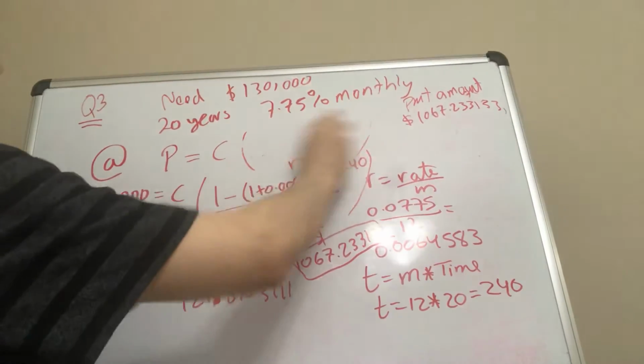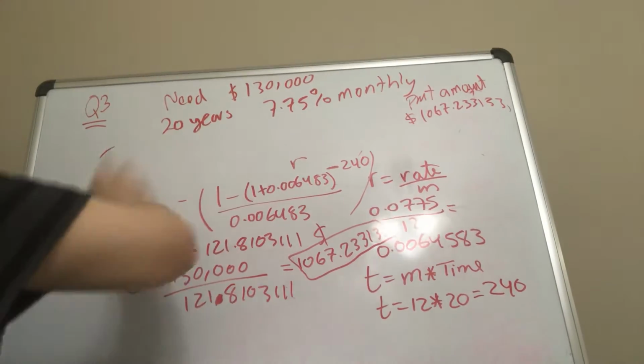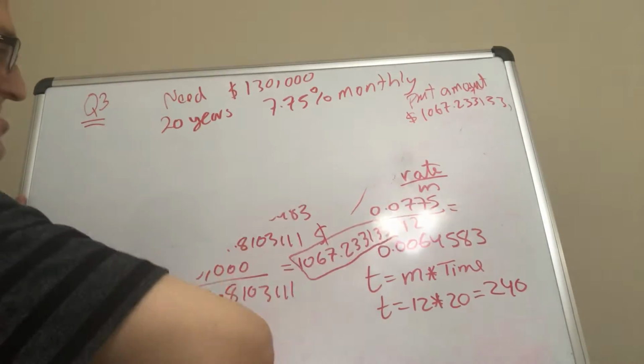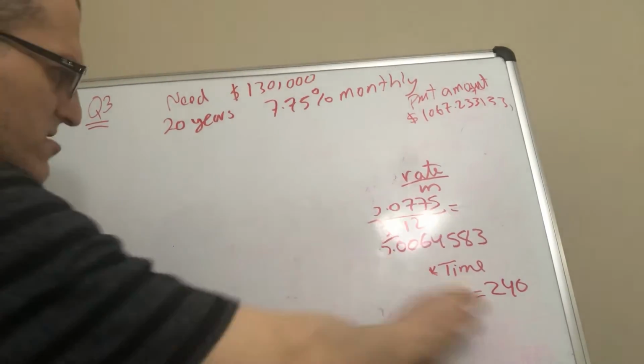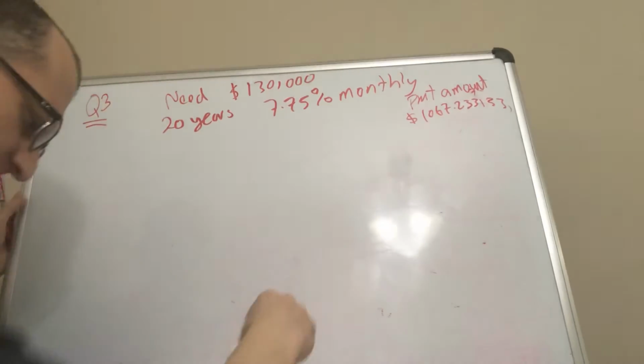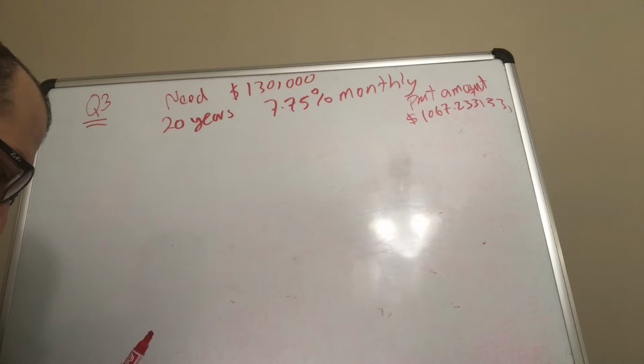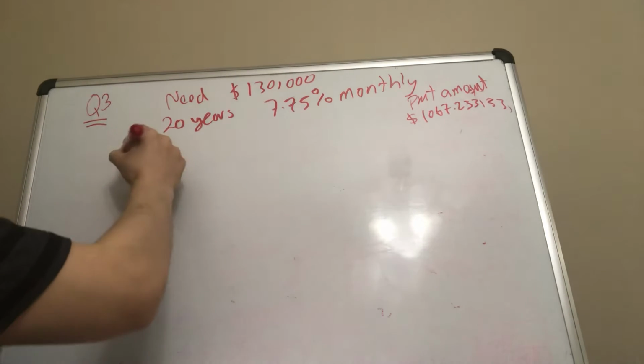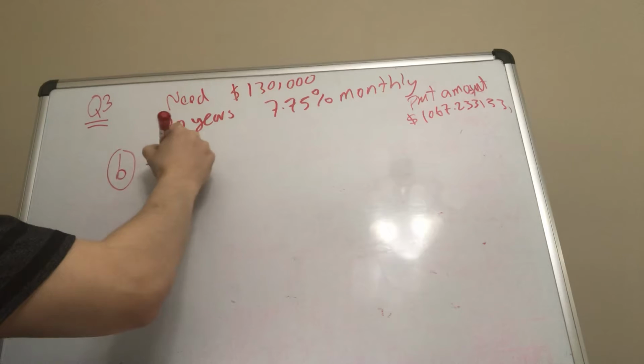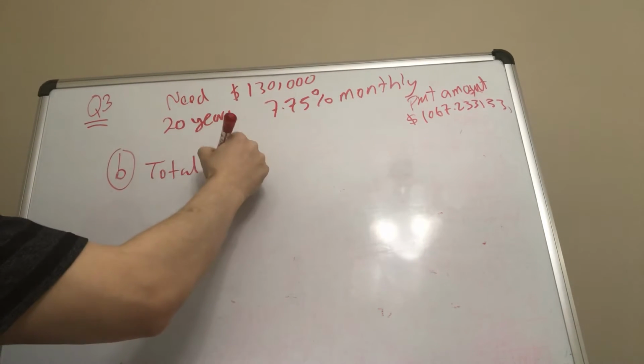So the B question: what's the total interest they pay over the entire life of the mortgage? So total interest.